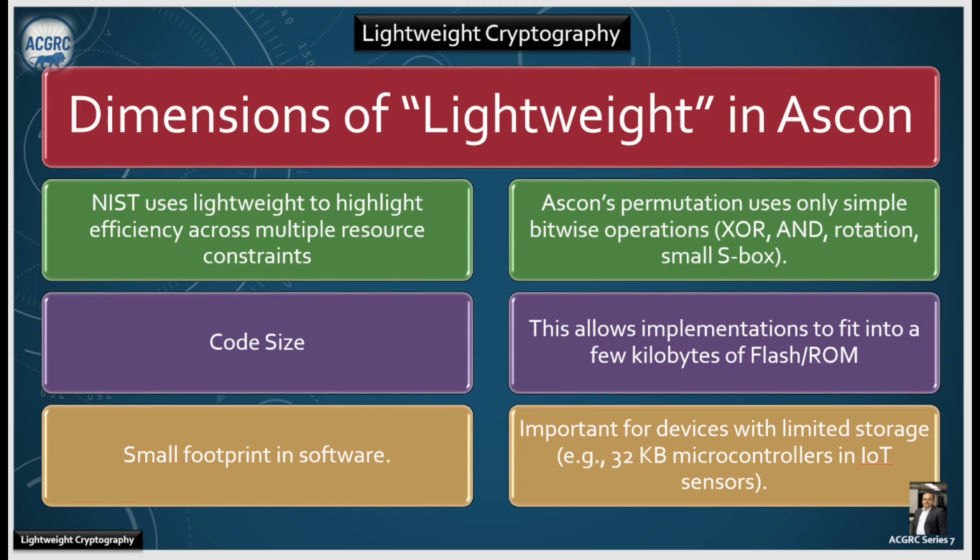Ascon's permutation uses only simple bitwise operations. This allows implementations to fit into a few kilobytes of flash or ROM. These are important for devices with limited storage. Example, the 8-bit microcontrollers which are used in IoT sensors.